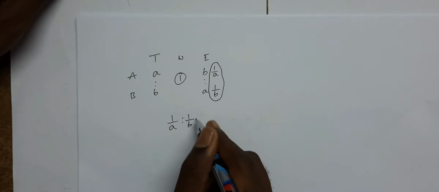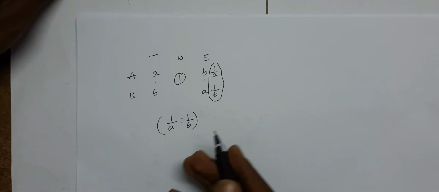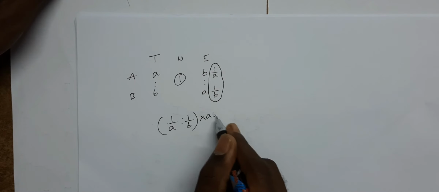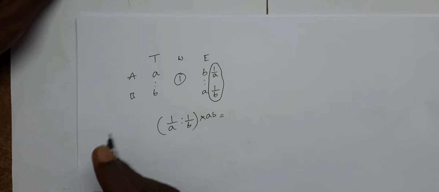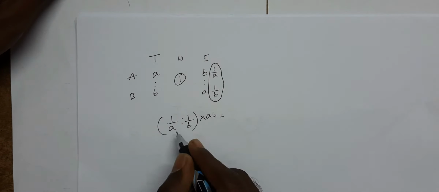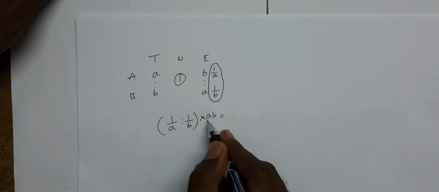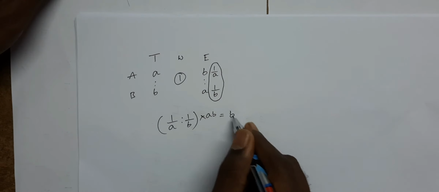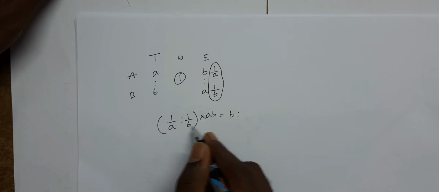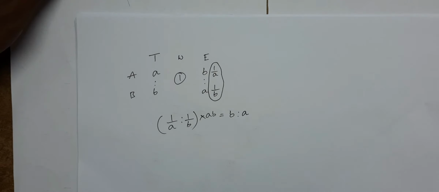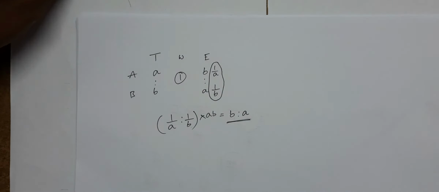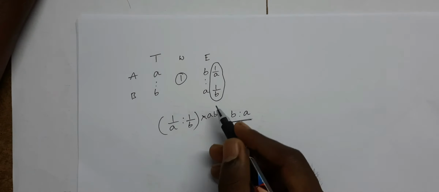Let me explain. If all the terms in a ratio are multiplied by the same number, there will be no change in the ratio. So if 1 by A is multiplied by AB, A gets cancelled and B remains, and for the other, B gets cancelled and A remains. In this way we got the ratio B is to A.